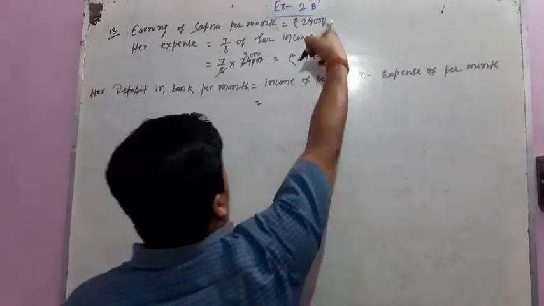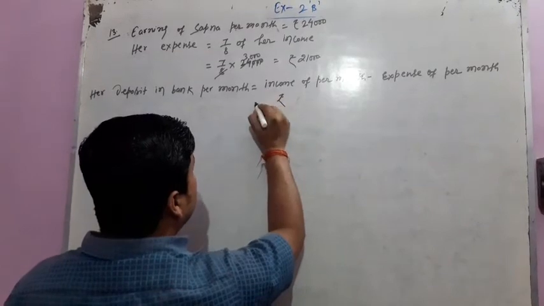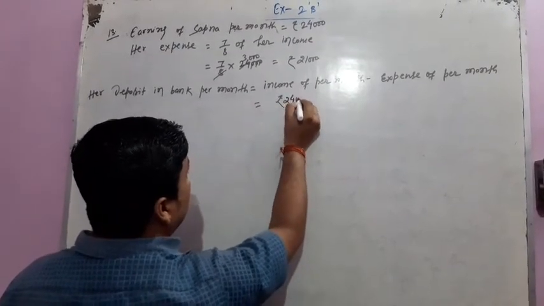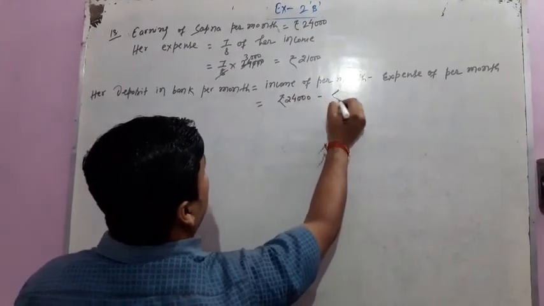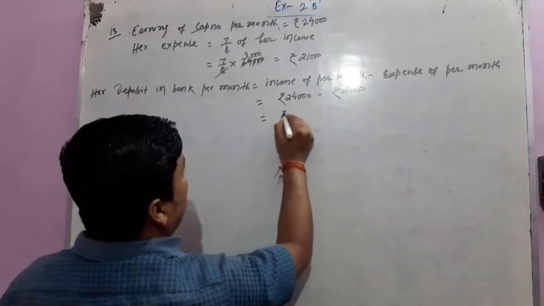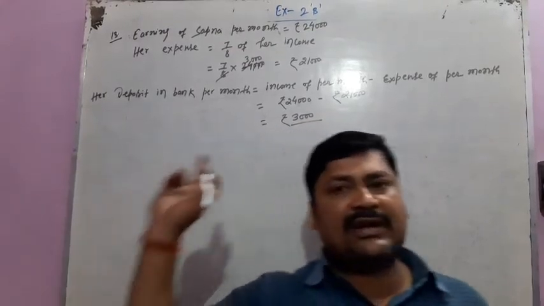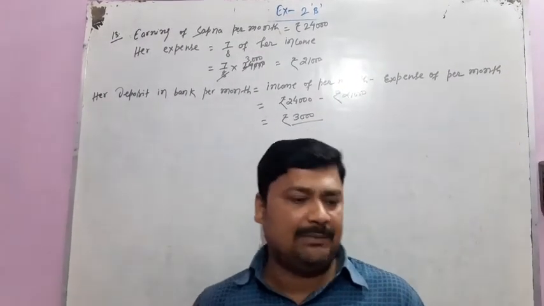So the income per month of Sapna is given here, 24,000. And her expense per month is 21,000. Therefore, what amount does she deposit in the bank? She deposits 3,000 per month in the bank.